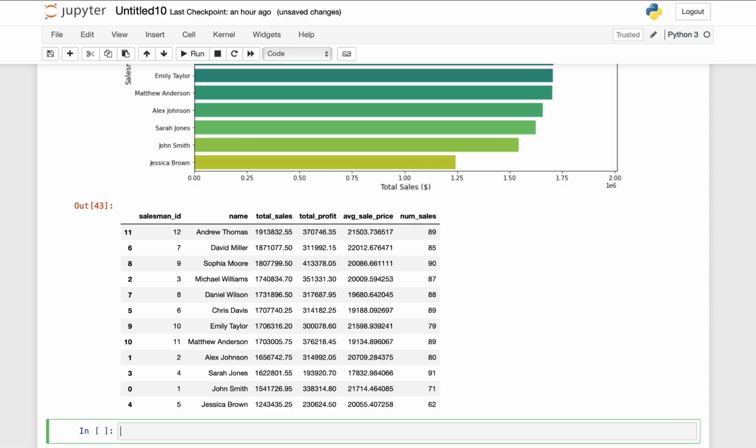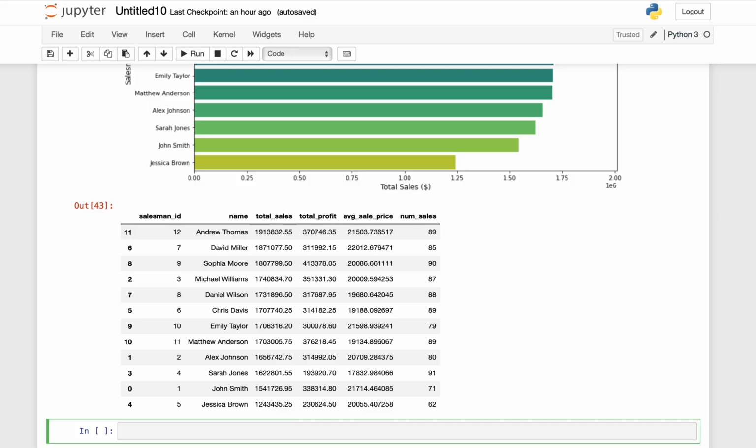The other high performers include David Miller, Sophia Moore, and Michael Williams. They all generated over 1.7 million in total sales. Now, total sales is one thing and total profit is another. More importantly, a business has to be profitable, not just necessarily having higher sales. So this metric reflects how much profit each salesperson's transactions contributed.